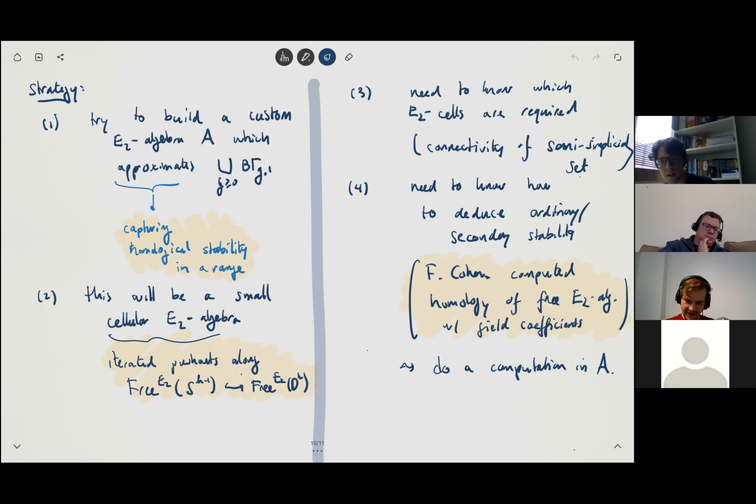But you also need it in step 4, because step 4 is just doing a computation in this custom cellular E2 algebra A. And you just have to see whether there is homological stability or secondary stability or some other phenomenon happening there. Right. So you're somehow agnostic before step 4 about what is even true in terms of stability. It's only at that point that you figure it out.